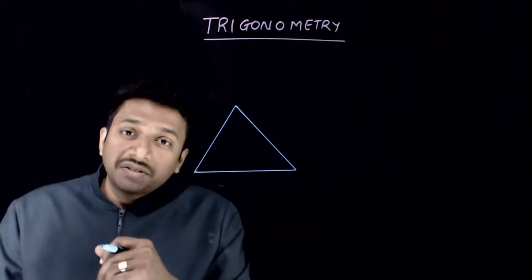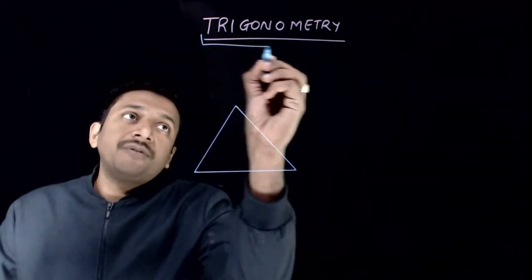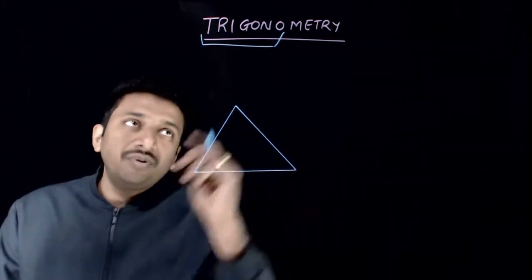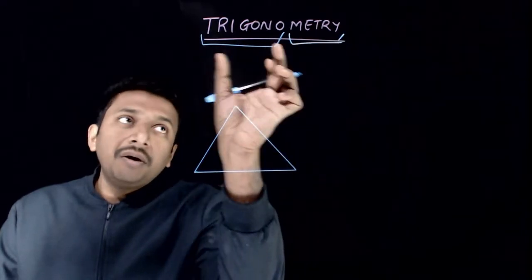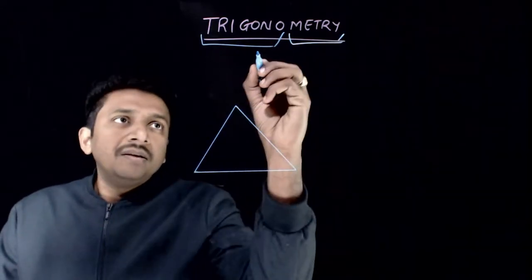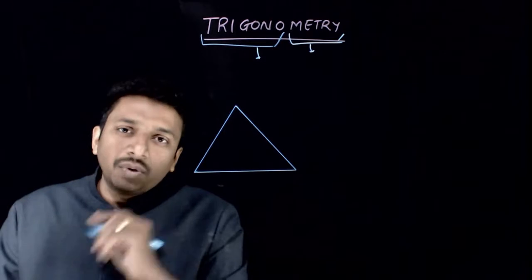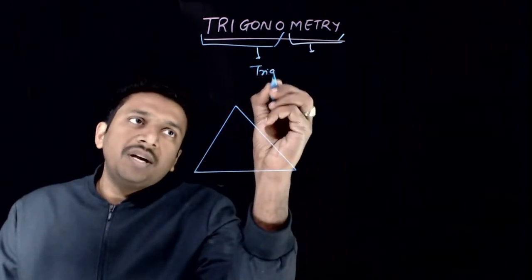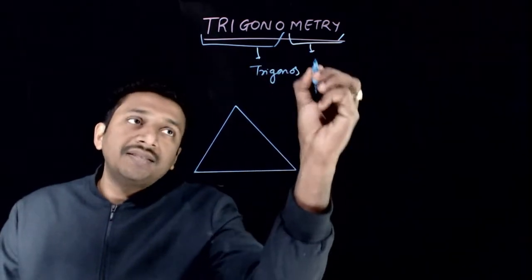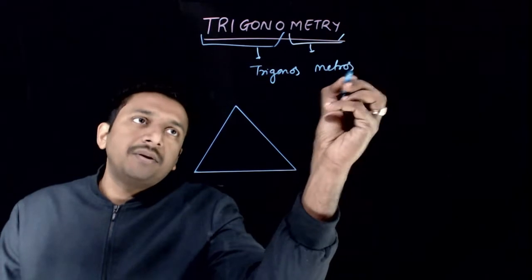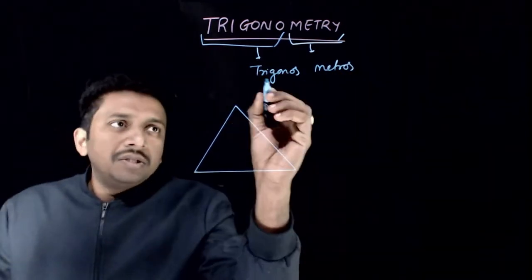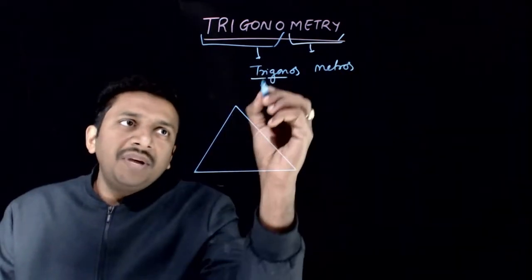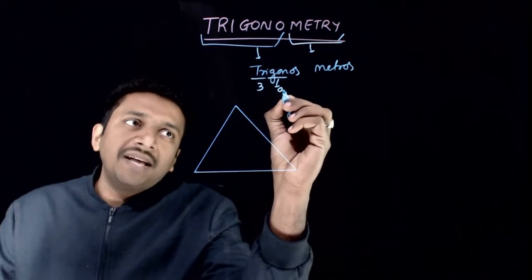So as the name suggests, trigonometry is made up of two subwords, trigono and metro. These two are Greek words. The first word is trigonos and the second word is metros. Trigon: tri means three, gon means angles.